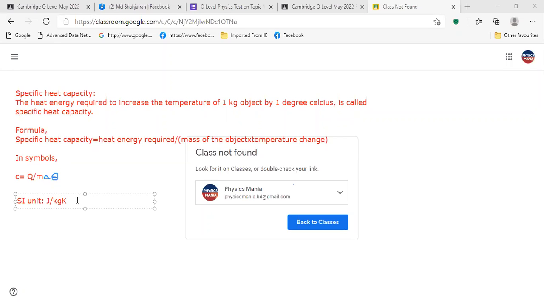And we can also write it in degree Celsius this way, as another unit: joules per kg degree Celsius.